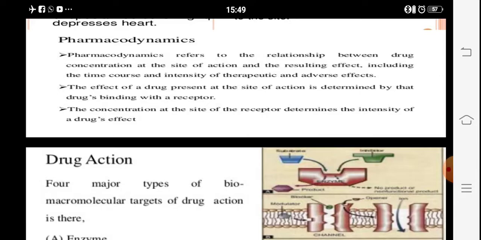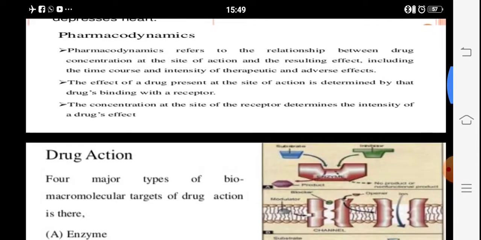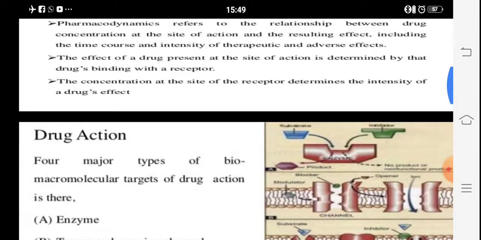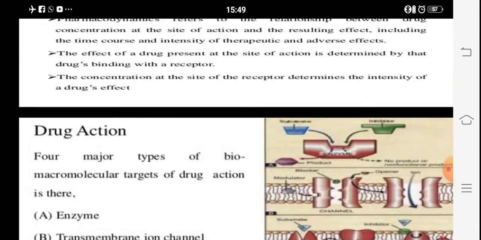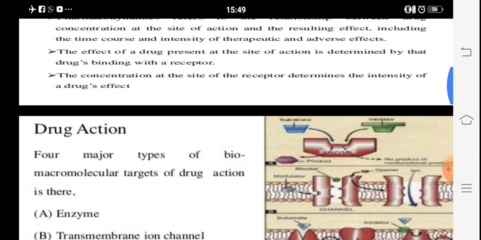The effect of a drug present at the site of action is determined by the drug binding. Suppose we go to the doctor and there is a wound, this drug generally acts on this part only, either as an injection or a tablet. It goes to the heart and then is supplied to the part, right?